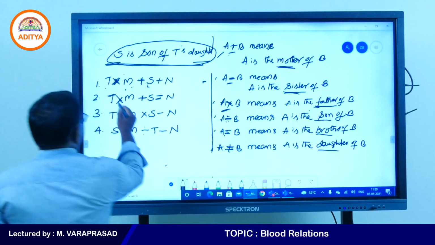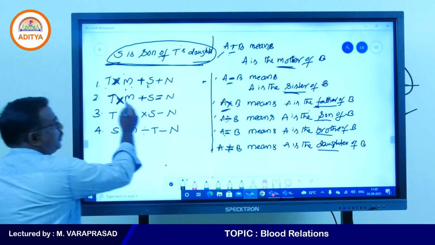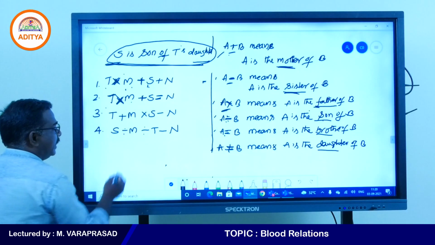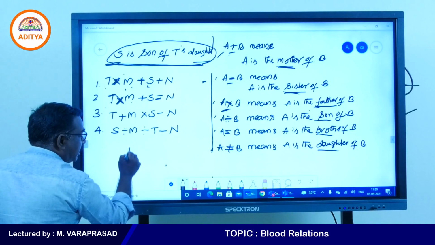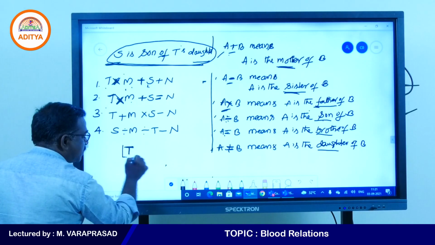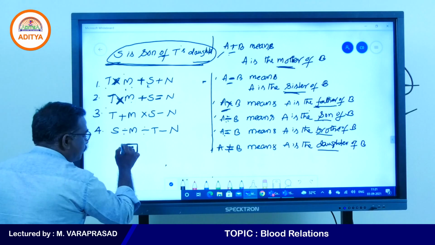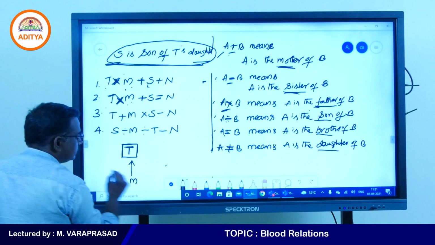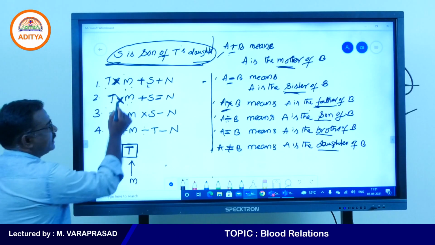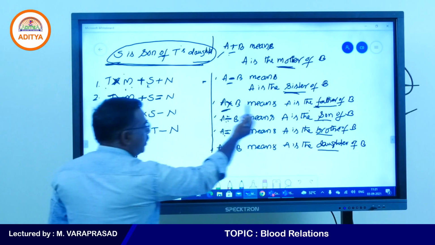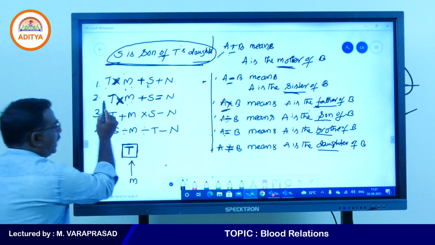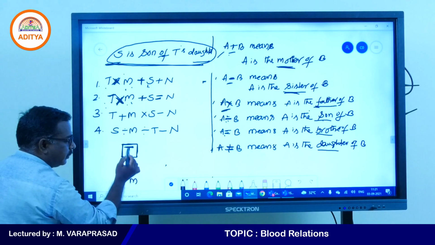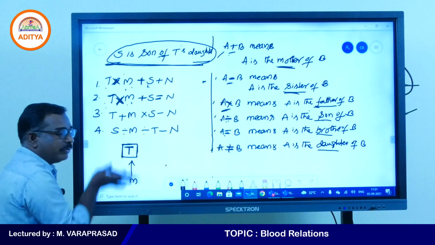So T into M, into means father. T is father of M. T is father means male. Into means we got the relation father, so T is father of M. Father means our previous generation.